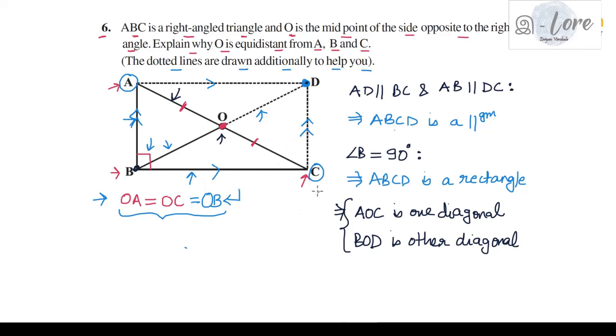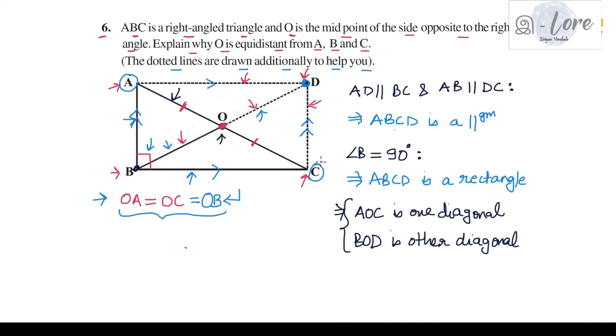Now I want to make one important remark here. The fact that BOD is a straight line, you cannot conclude directly by looking at this figure, because the way we drew this figure was we drew AD and then we drew CD and they intersected at D, and then we joined OD. So this does not guarantee that OB and OD are in a straight line.